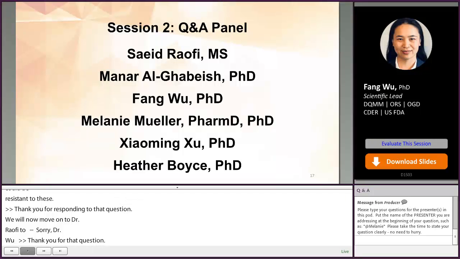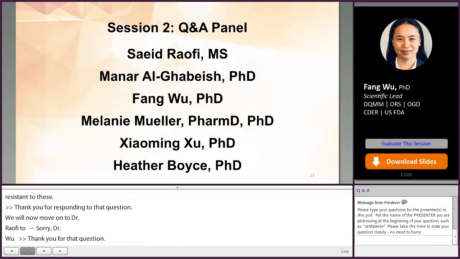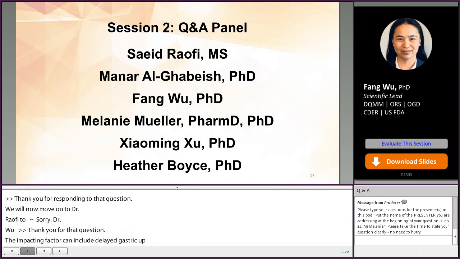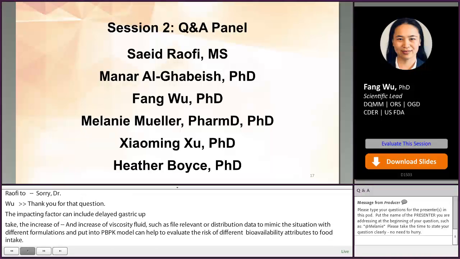So in vitro data such as biorelevant or biopredictive dissolution data to mimic this situation for different formulations and put into PBPK model can help to evaluate the risk of different bioavailability attributable to food intake. In addition, the physiological parameters that can reflect these changes under fed condition can also help explain the possible observed food effect. Thank you.